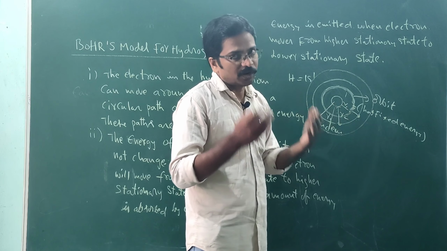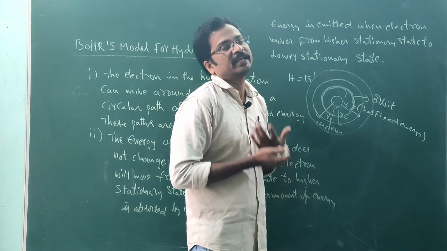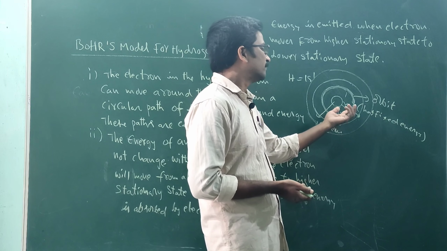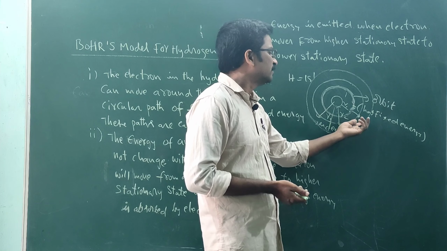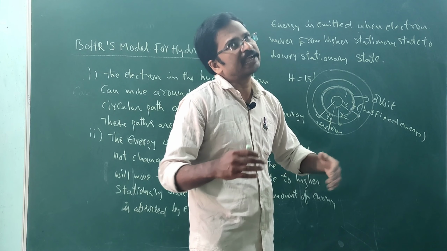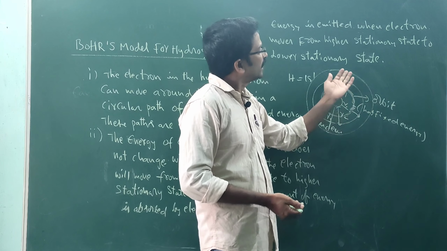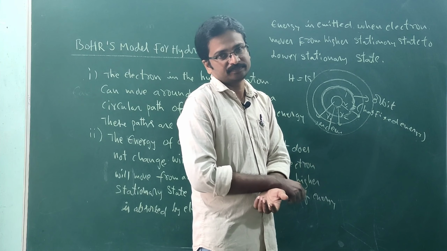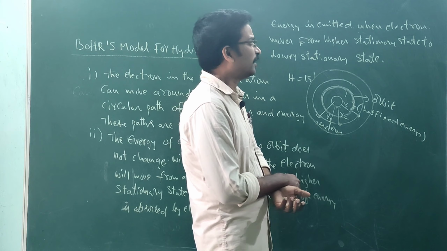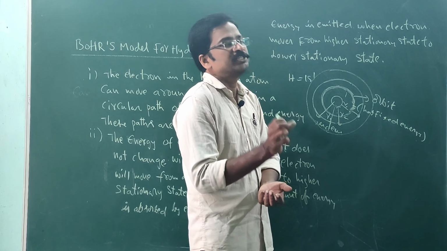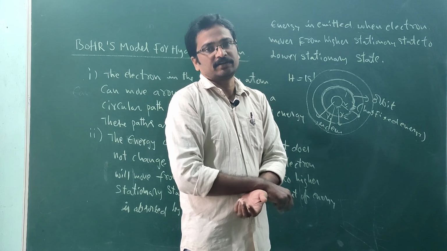If you give a lot of energy, then the electron moves to another level. If you give extra energy, then it will go to another level, depending on how much energy you supply to the electron.